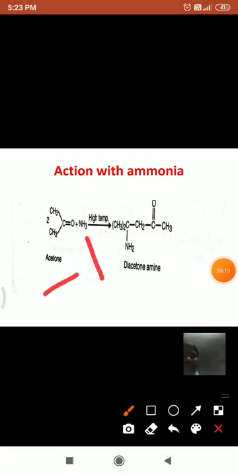That means the acetone ammonia again reacts with one more molecule of acetone and forms diacetone amine. See here, 2 moles of acetone react with ammonia at high temperature to form diacetone amine product. Unlike aldehydes, here 2 molecules of acetone react with ammonia. This is the reaction with ammonia.